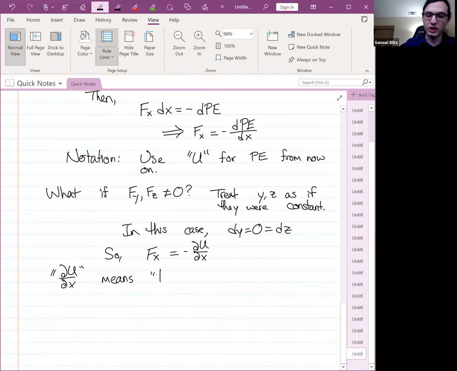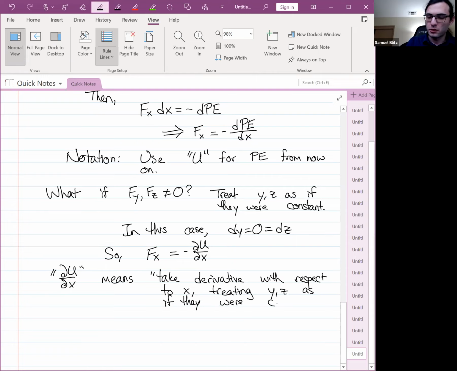It means take the derivative with respect to x, treating y and z as if they were constant. So this just has the property, if U is, say, x times y times z, and you wanted to do this, it's called a partial derivative with respect to x.